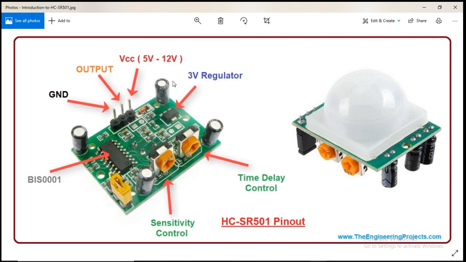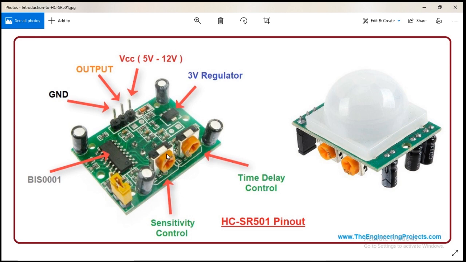The amount of delay that this pin will remain at 5 volts is controlled by this port. You can set the delay time from 4 minutes to 10 minutes, depending on the range. So this port is used for setting the delay time for which this output pin will remain high, while this one is used for setting how sensitive the sensor is.